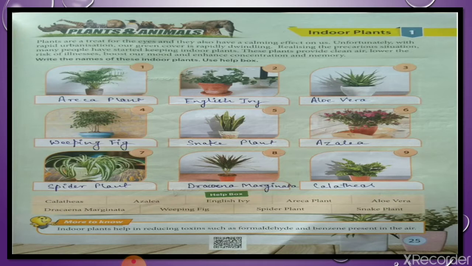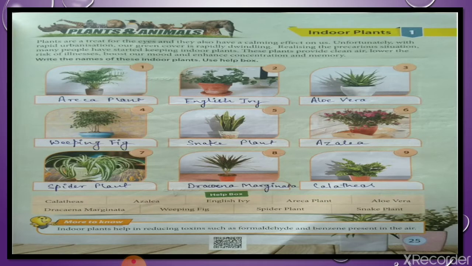This plant also cleans air. It can absorb carbon monoxide. Carbon monoxide is a very toxic gas, so it can absorb carbon monoxide, and it is also used in making solvents for various industries, and it is also used in the printing, leather and rubber industry.